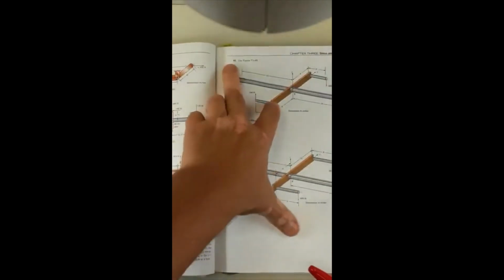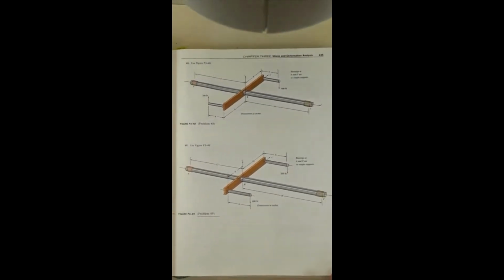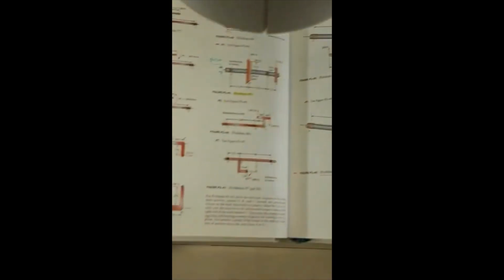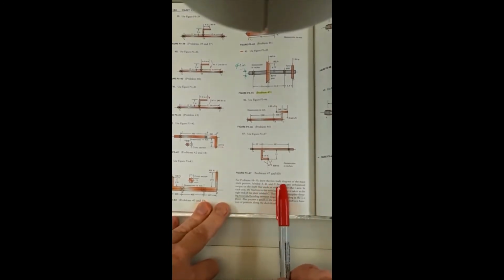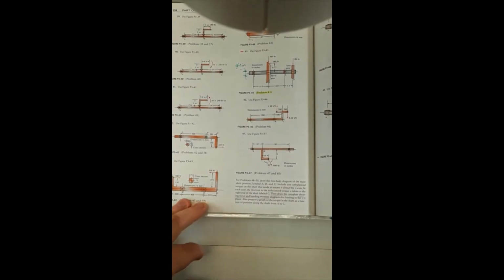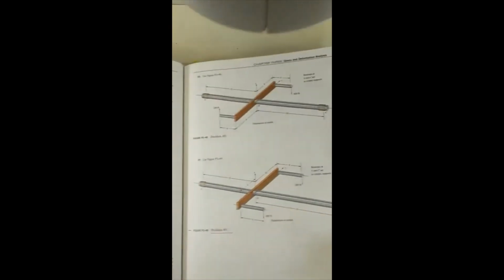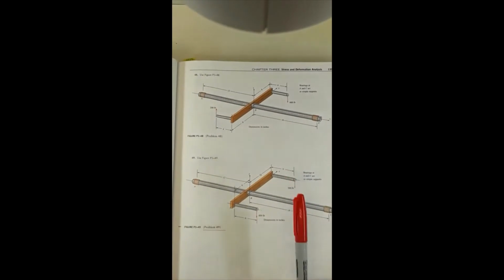So I'm going to solve another problem from this chapter 3, problem 48. The text of the problem says that we have to draw a free body diagram of the main shaft portion. And so main shaft portion.